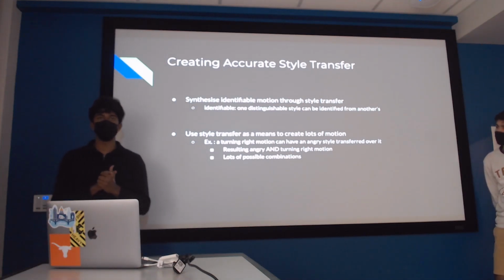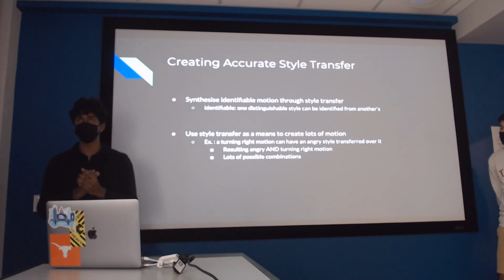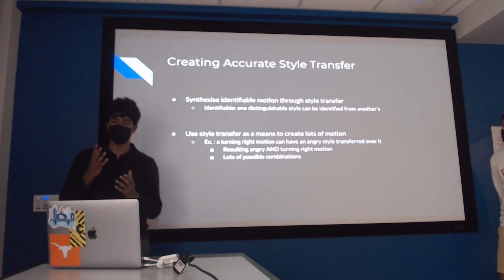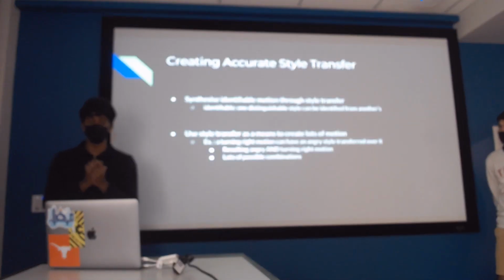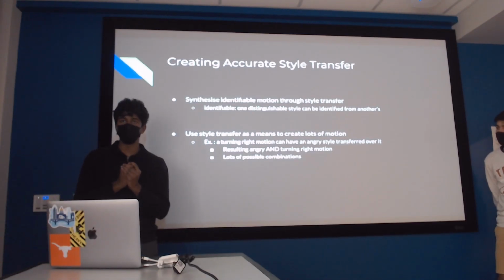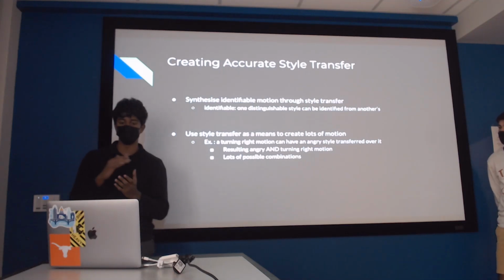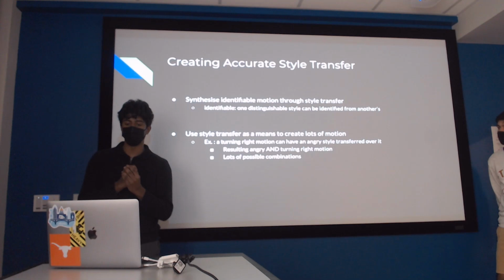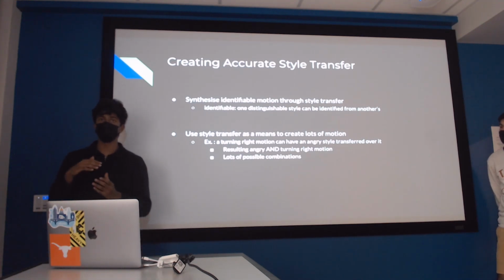Style transfer takes in two inputs. We want one of our inputs to be the physical motion that the human takes through the environment, and the other input to be the style. For example, the physical motion would be a right turning motion through the environment, and the style motion would be an angry style. When this goes through our style transfer model, it would create an angry right turn.